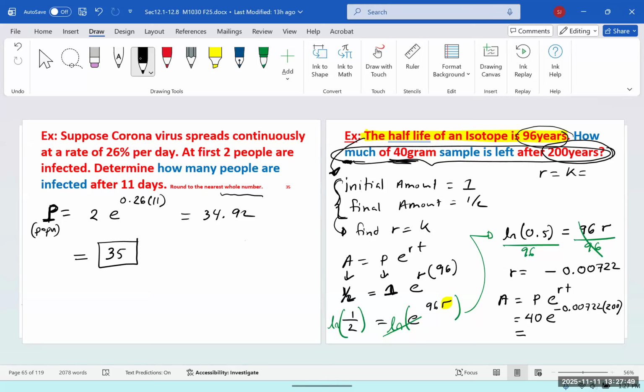So after 200 years, how much will be left from this 40 grams if it has a half-life of 96 years? 9.45 grams. Oh, this is not 9, this is g. So let me not write it.